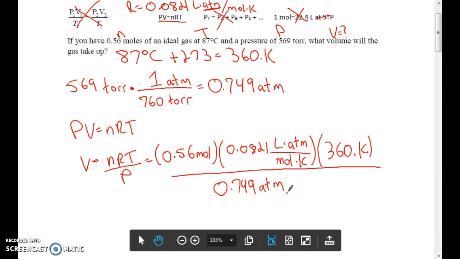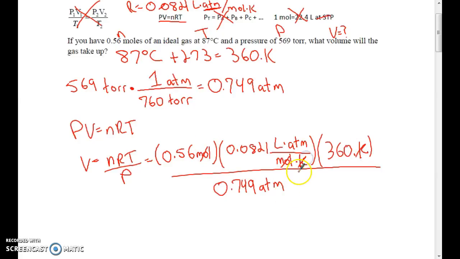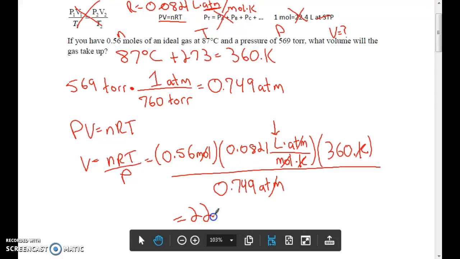Now if you pay attention to the units, moles cancel out, Kelvin cancels out, atmospheres will cancel out, and the only thing that doesn't cancel out is liters, which is what we're looking for. When you round this off to the least number of significant digits, 0.56 has 2 significant digits, so our answer becomes 22 liters. And that's what the volume would be.